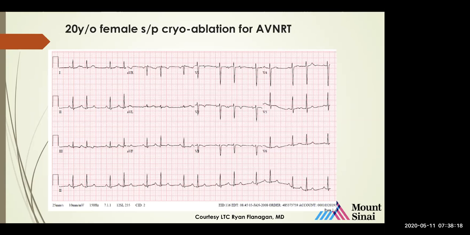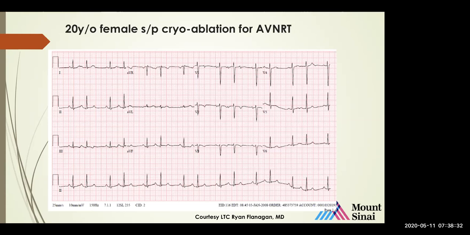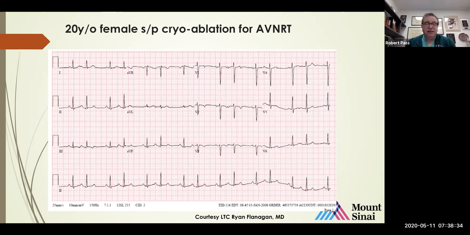So as opposed to, say, the injury we see in patients who've had congenital heart surgery, those patients typically have a higher grade block, usually Mobitz 2 or third degree heart block. This is usually not the case.